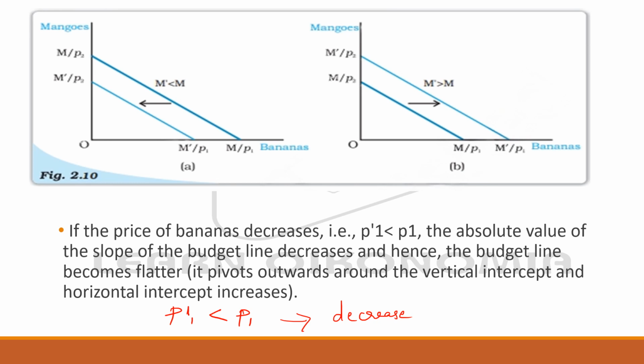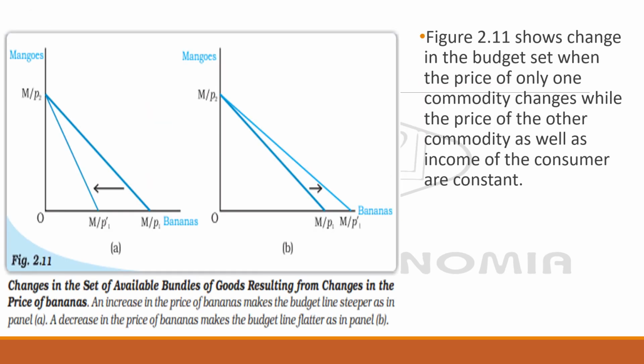Whereas in the earlier case the budget line would become steeper, now it would become flatter. That is what you can see here. So the price of one commodity is changing, but the price of the other commodity remains the same.